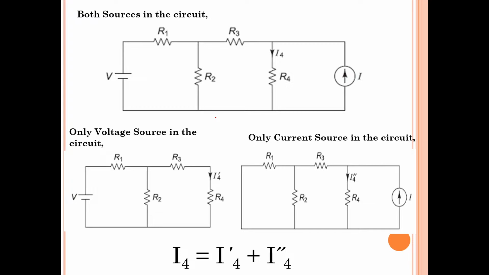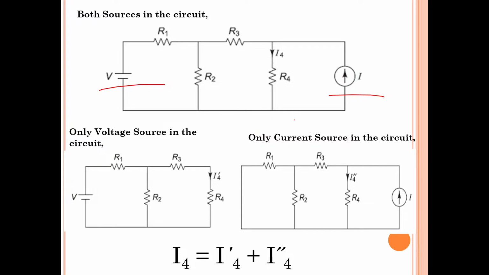So you must check whether there are more than one source. Then you must check what type of sources are there, whether all are voltage sources or all are current sources, depending on the type of the source. Here I have considered only two sources, a voltage source and a current source.